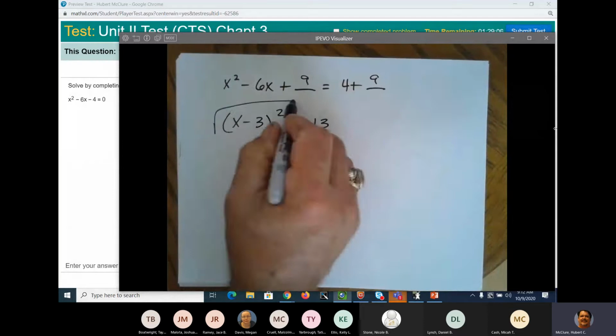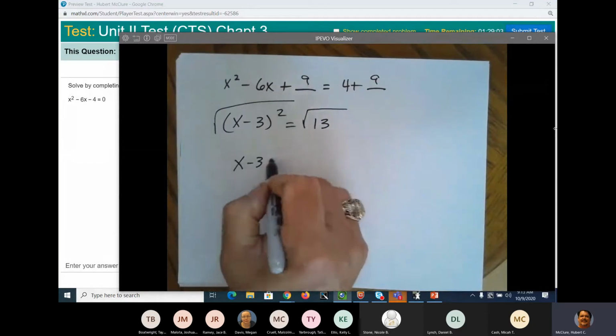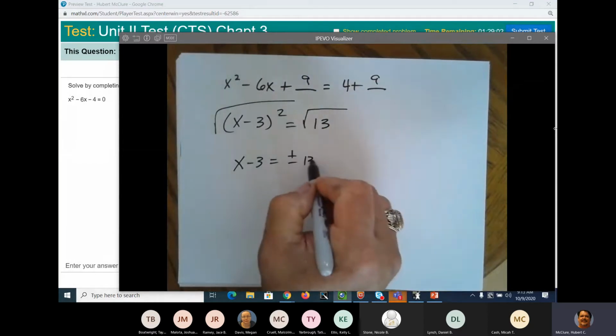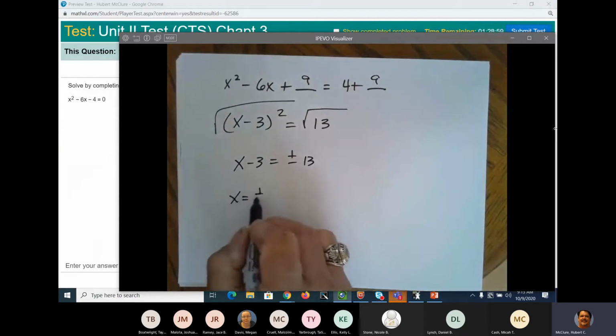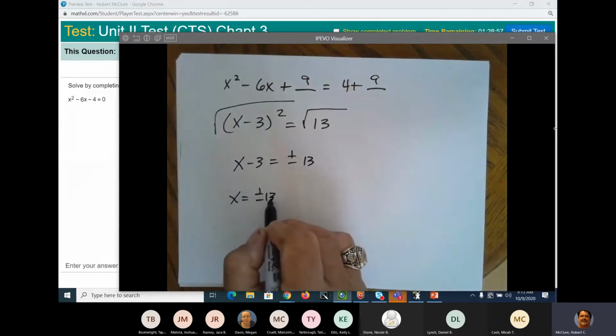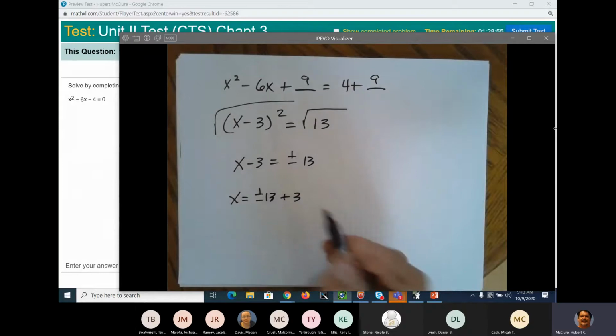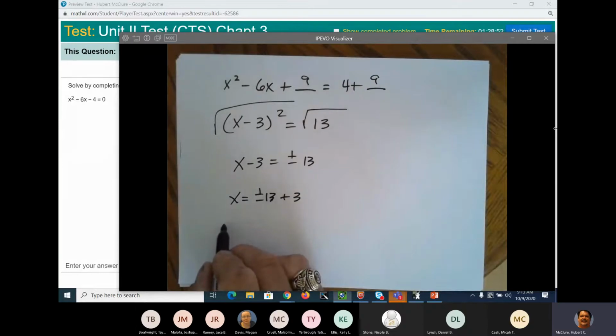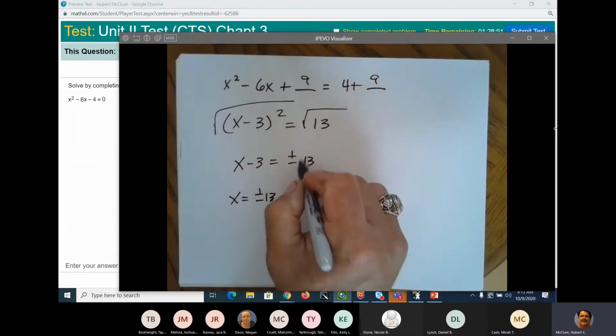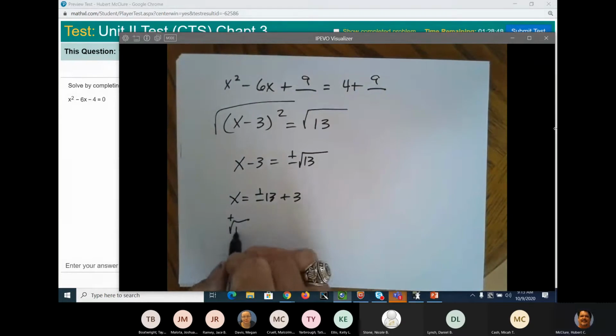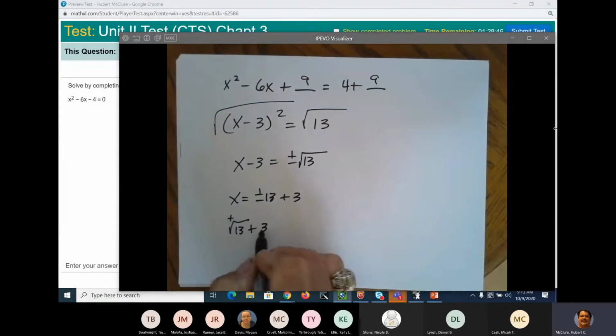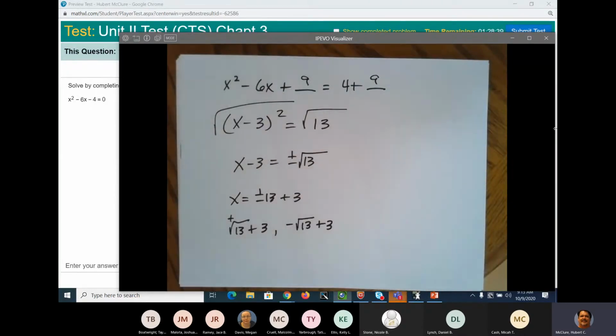Take the square root of both sides. x minus 3 is equal to positive or negative square root of 13. x is equal to positive or negative square root of 13, plus 3. So that would be positive square root of 13 plus 3, comma, negative square root of 13 plus 3. Actually, the negative is supposed to go first because we read from left to right. So I'm going to type that in.